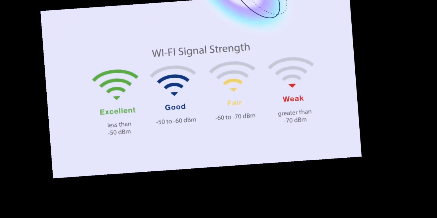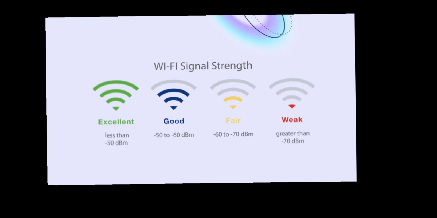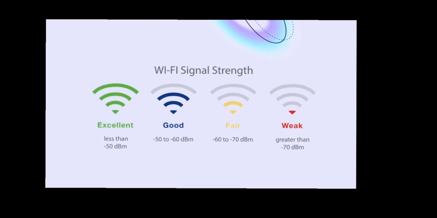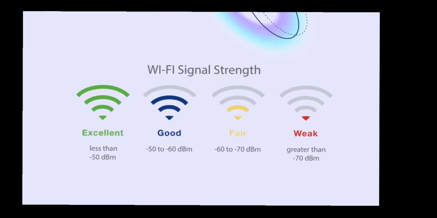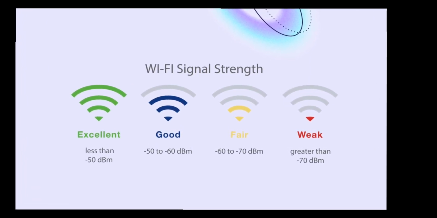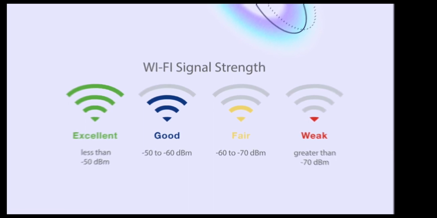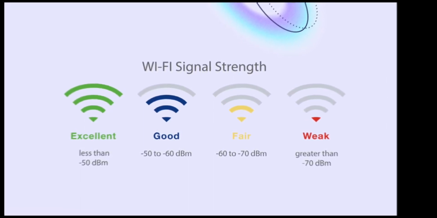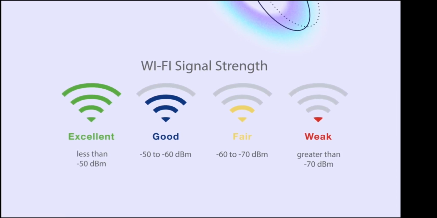Let's have a look at Wi-Fi signal strength. The higher the SNR margin value, the clearer the signal. As an example, using the full 54 Mbps data rate will require at least 25 dB of SNR margin. For example, look at this figure. When the dBm is less than -50, there is excellent Wi-Fi signal strength.